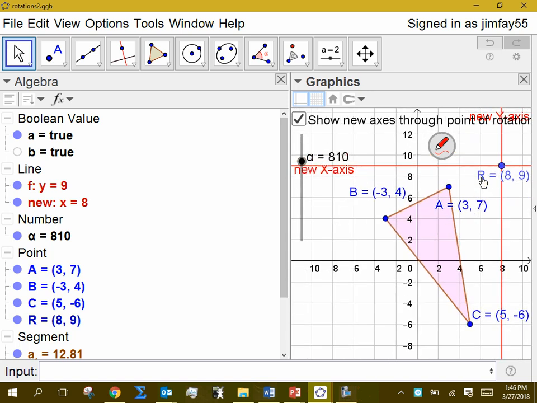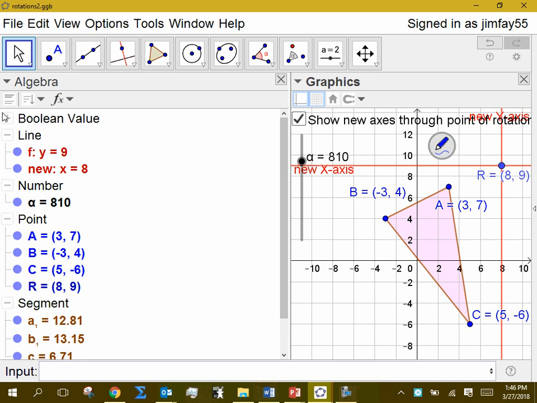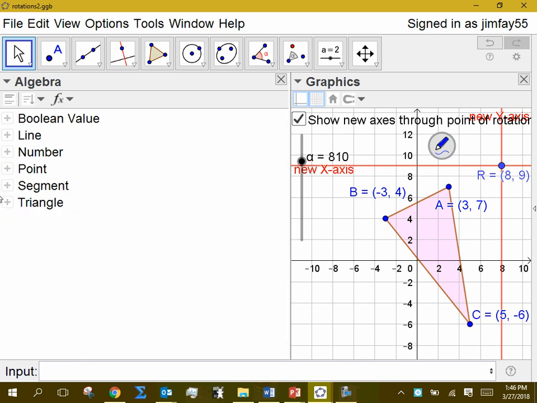All right, we said that A was located initially at 3, 7, right? I'm just going to write that as X sub P, comma, Y sub P, with P standing for the point that I'm dealing with.